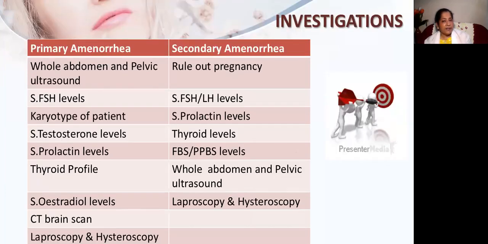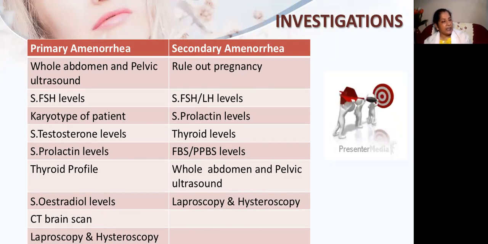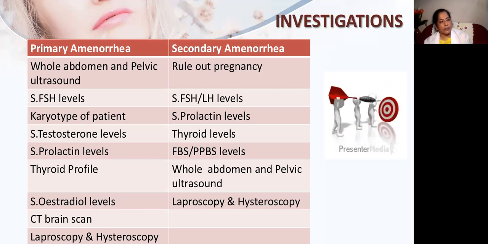This is the list of investigations which could be used in identifying the cause of amenorrhea, because it can be treated only if the cause is identified. For primary amenorrhea: a whole abdomen and pelvic ultrasound, hormone levels, gonadotropin levels, serum FSH, karyotype of the patient, testosterone levels, prolactin, thyroid profile, estrogen levels, sometimes a CT brain to rule out CNS lesions, and in some cases laparoscopy and hysteroscopy.